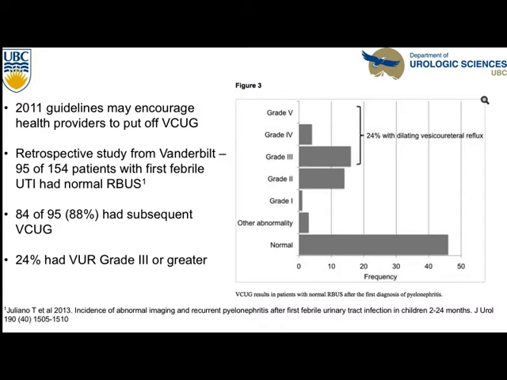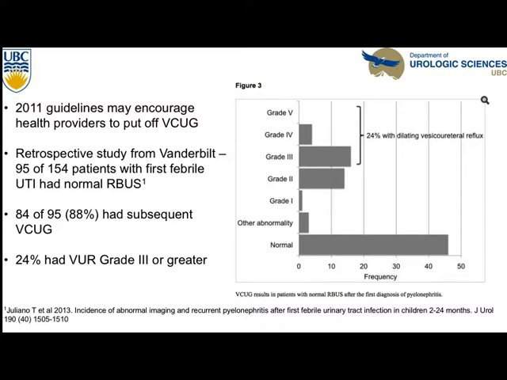So what this group from Vanderbilt did was that they retrospectively looked at patients, infants and children who presented at their institution with a first febrile UTI before these guidelines were published. And 95 of 154 patients had a normal ultrasound, and they focused on these patients themselves.